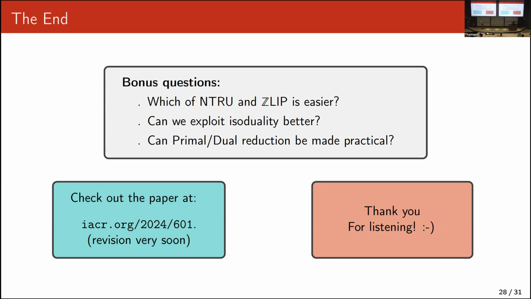Because you kind of could reduce the dimension of the lattice. Yeah, so there's different ways to reduce the lattice, I guess. I'm not sure I understood your question fully, but maybe we can discuss it afterwards, or if you want to reiterate.